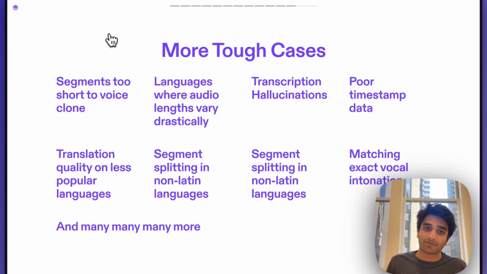But some of these open source models are just not good enough at less common languages. And then there's splitting up segments in non-Latin languages and trying to match the intonation and the vocal tones perfectly. Those are just a few of the next problems we'd solve, but there's a ton more.